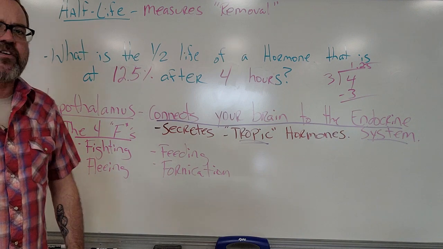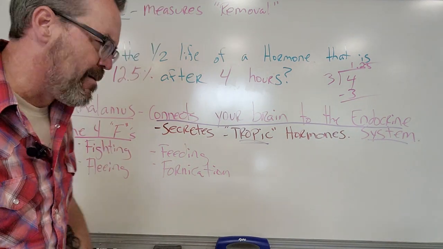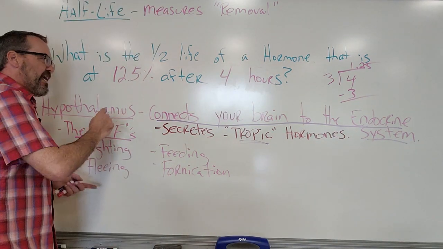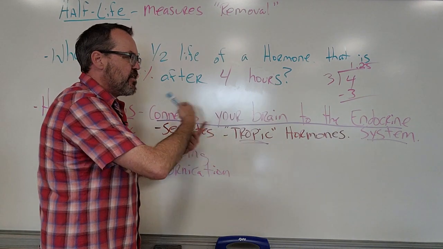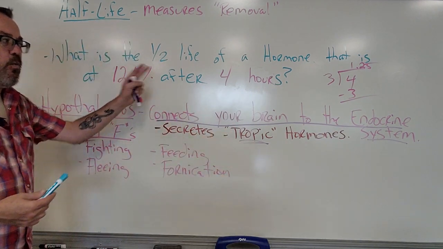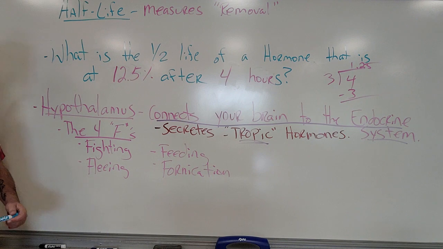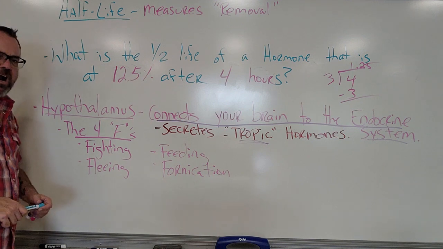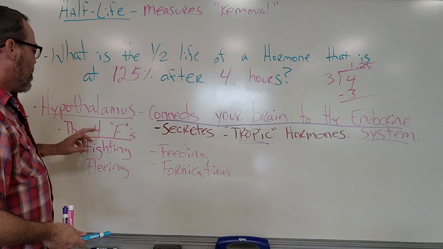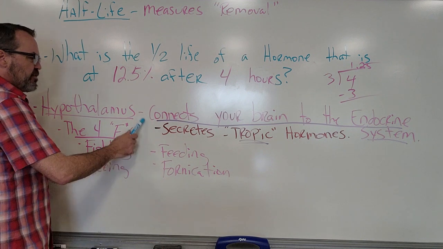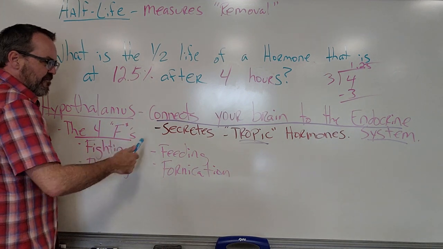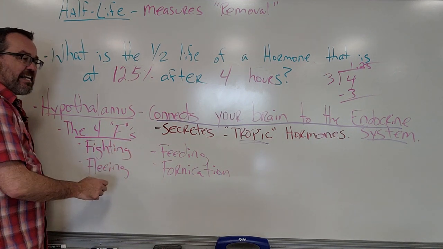Now, I don't really classify the hypothalamus as part of the endocrine system because it's part of the nervous system, but it is that bridge between the nervous system and my brain with the endocrine system itself. One of the big things our hypothalamus does for us are the 4 F's. We're going to use this and its hormones and all of its effects here for fighting or fleeing.